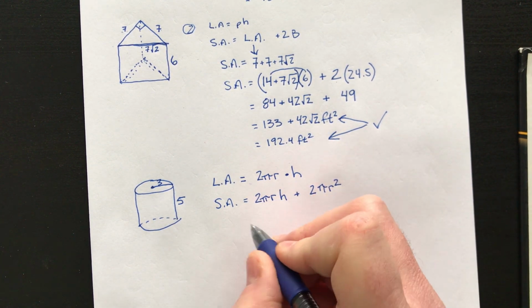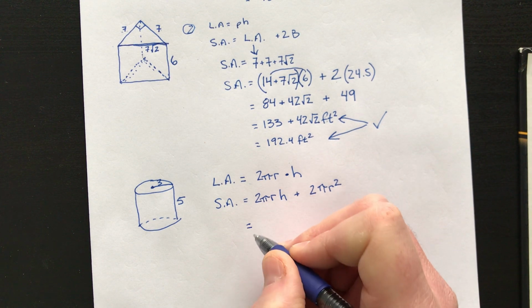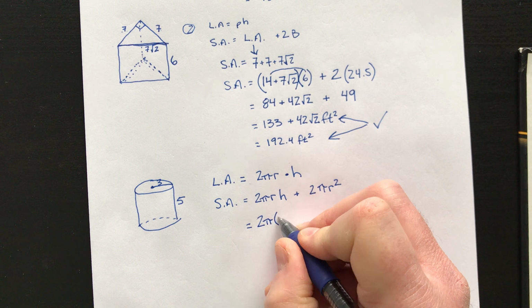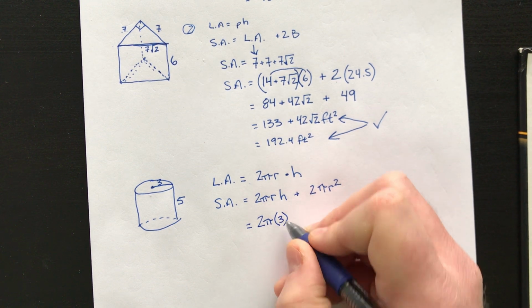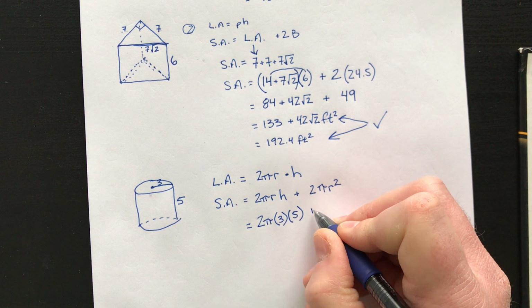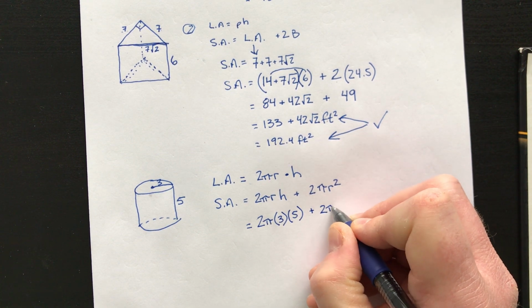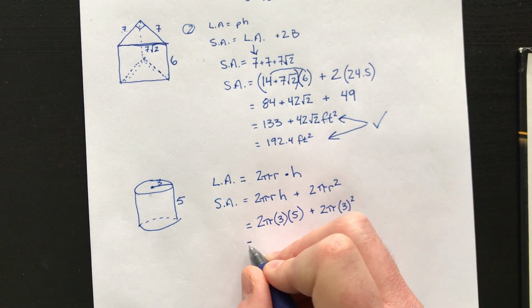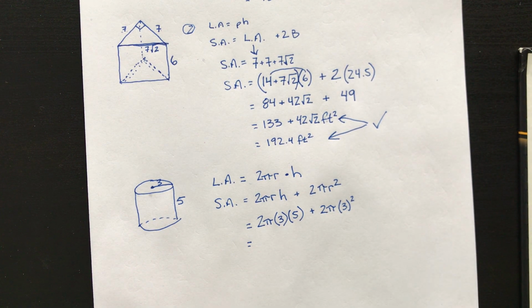So if I'm finding the surface area of this cylinder, it's 2 pi times the radius, which is 3, all right? The height is 5, plus 2 times pi, the radius once again is 3 squared. And I just start plugging this in.